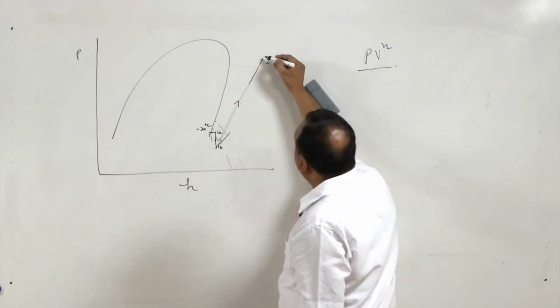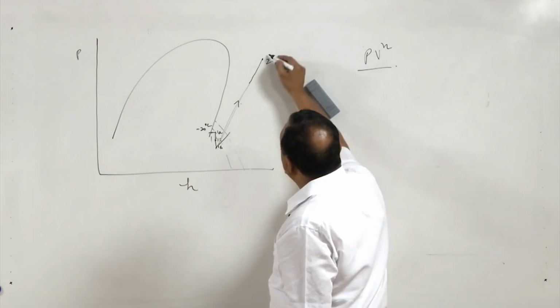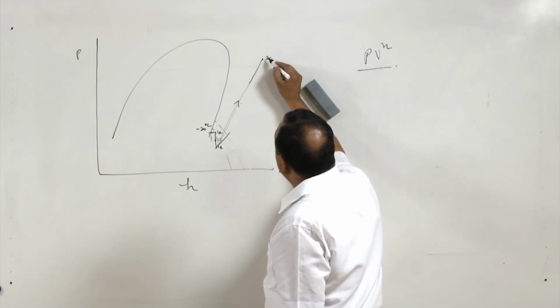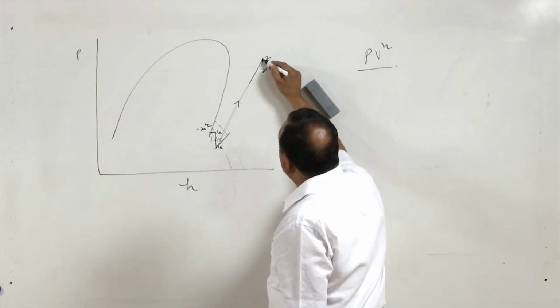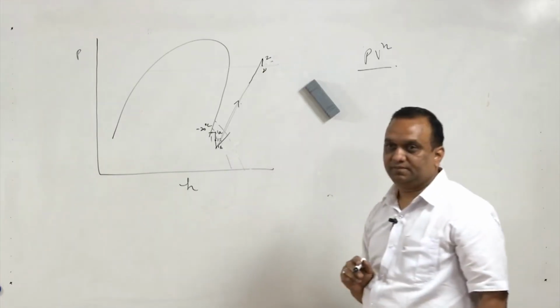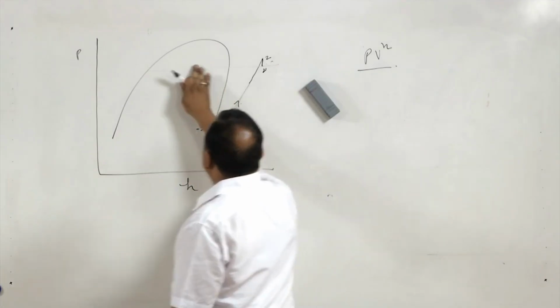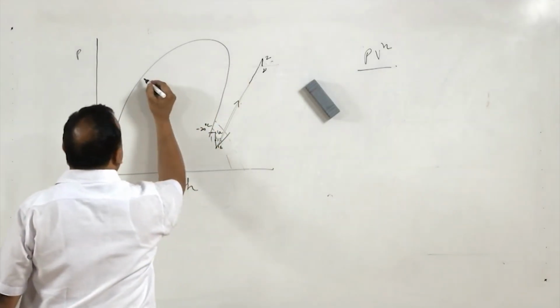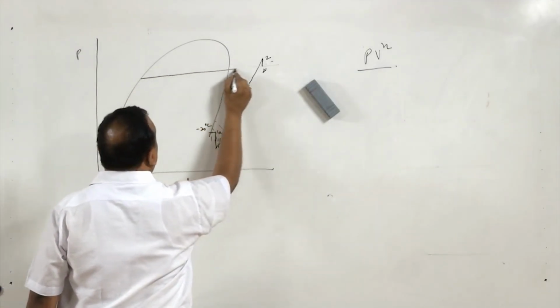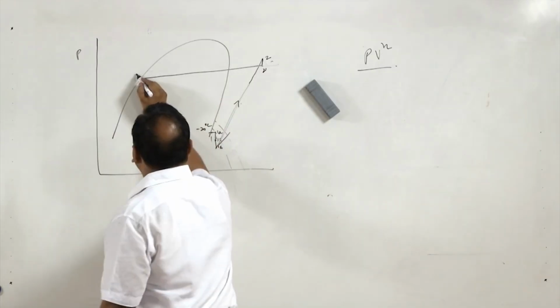The pressure at the exit of the compressor can be denoted by 2, and a pressure drop takes place across the compressor wall. This line is not a horizontal line, it is an inclined line because the pressure drop takes place during this process 2 to 3.